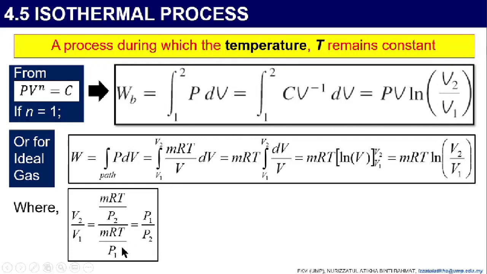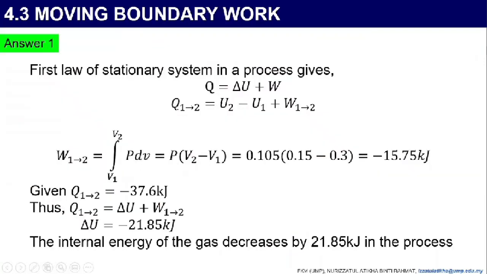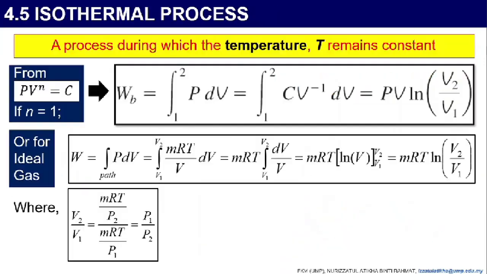And if it is for an ideal gas, then you can use this equation, MRT ln(V2 over V1). This is the equation for moving boundary work for an isothermal process. So again, if the question states that this is an isothermal process, then you have to use this equation. You cannot use the integral of P dV.